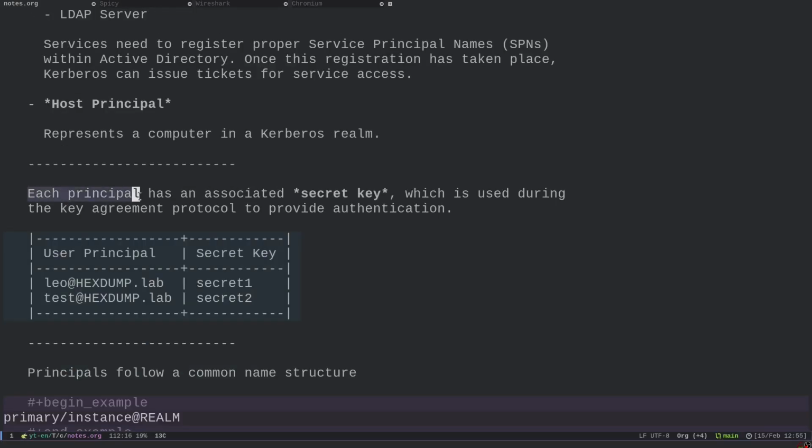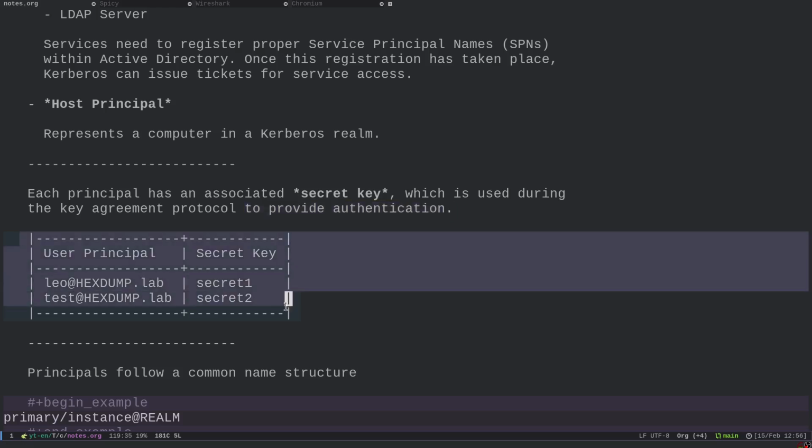Now, each principal has an associated secret key. This is a long-term secret key, meaning it does not expire in one session but lives through many different sessions. It is used during the key agreement protocol to provide authentication, because Kerberos is used for authenticating and for exchanging a secret key in an authentication-based way.